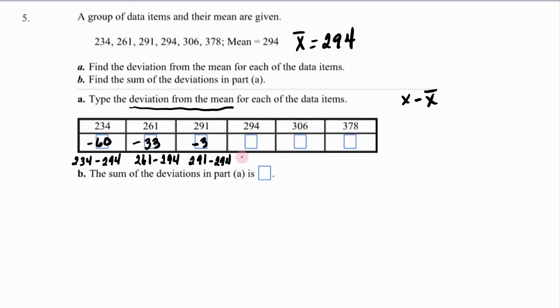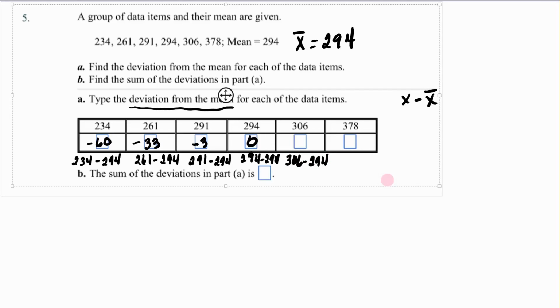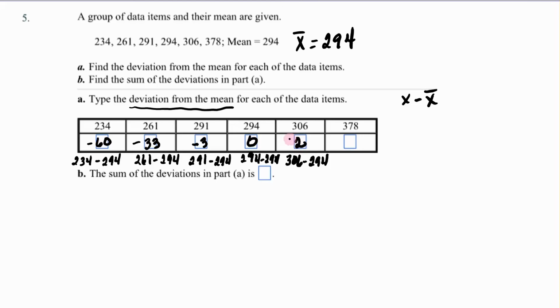Then I have 294 minus 294, 0. 306 minus 294 gives me 12. And 378 minus 294 is 84. So I fill in my chart, finding the deviations from the mean.